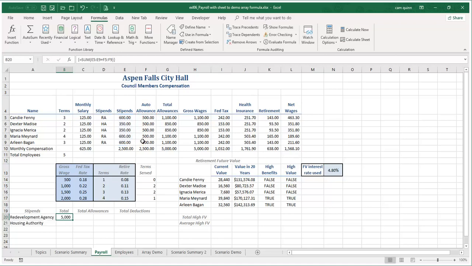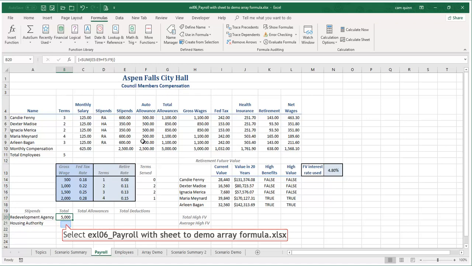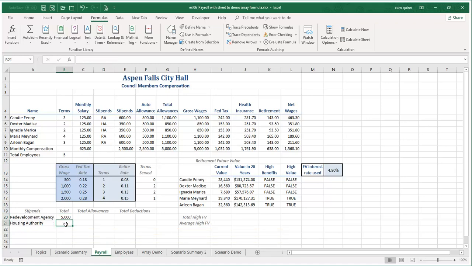Same thing here, equals SUM, I5 to I9 plus J5 to J9 plus K5 to K9, Control Shift Enter. Okay.